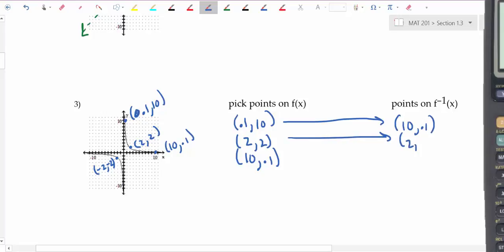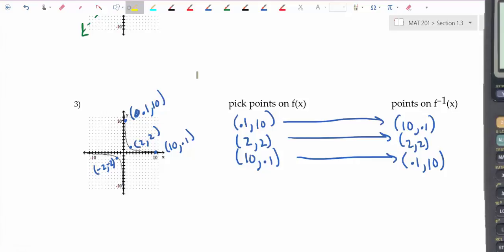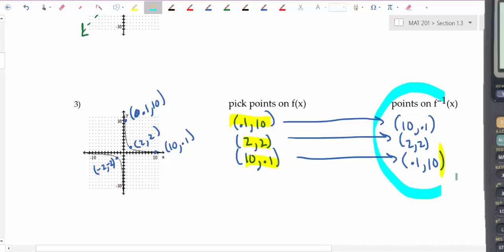You would have 2 and 2, that's still the same. And then you would have 0.1 and 10. If you graphed these 3 points that I'm highlighting in blue, you'd have the same thing, wouldn't you? You would have these same points right here.